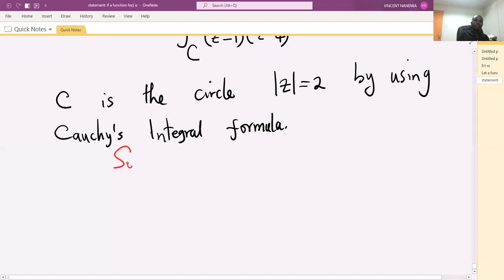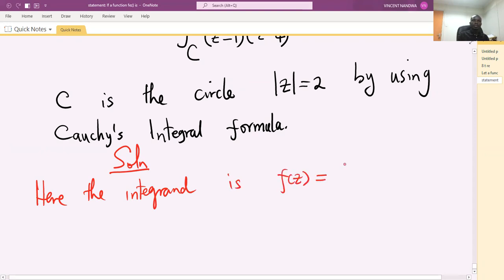So solution here, the integrand is f of z equals e raised to the power z divided by (z minus 1)(z minus 4).